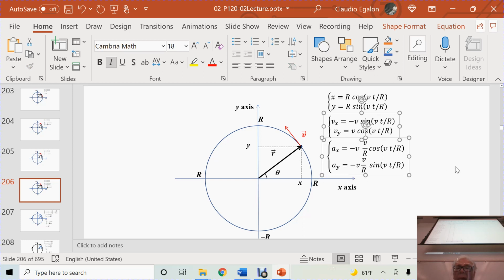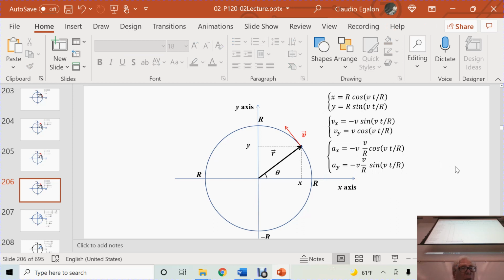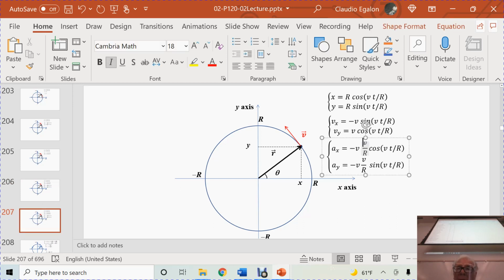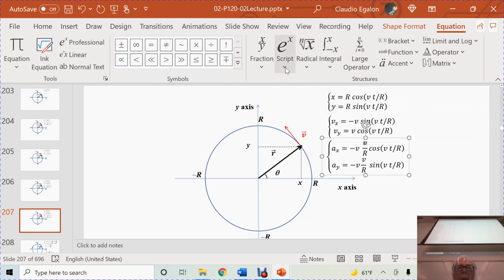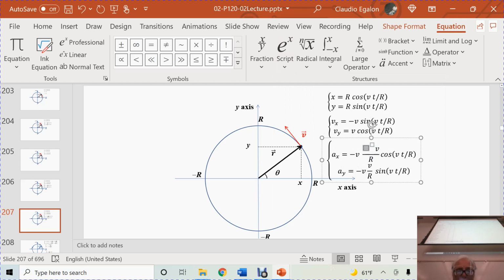In the next slide, we are going to simplify everything. It becomes v squared.